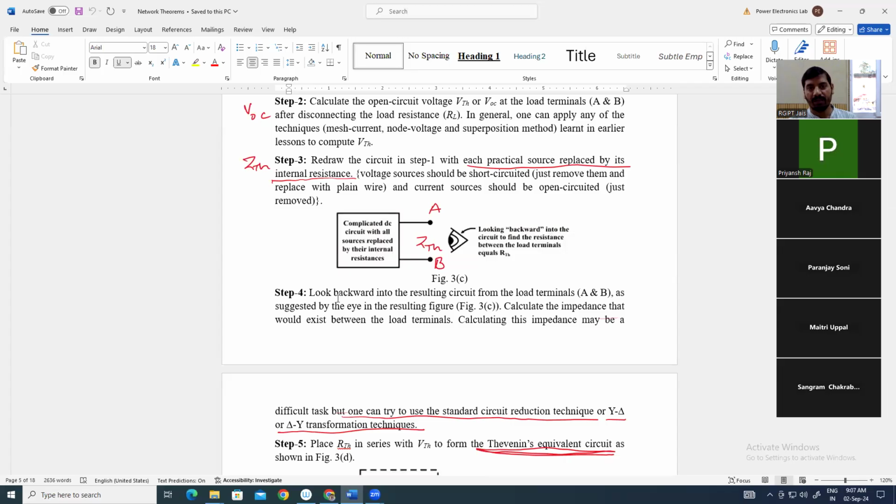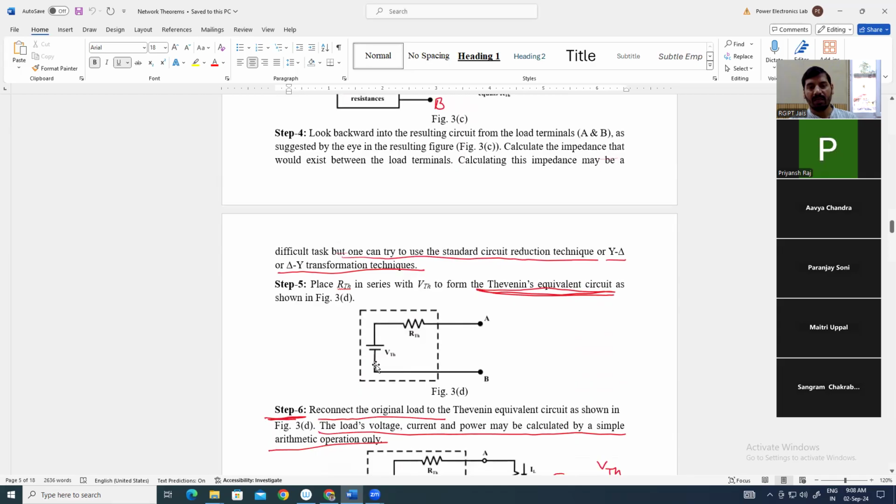That's it. After evaluating VTH and RTH or ZTH, we will make the Thevenin equivalent circuit, and that will be the series combination of VTH and ZTH. Clear?